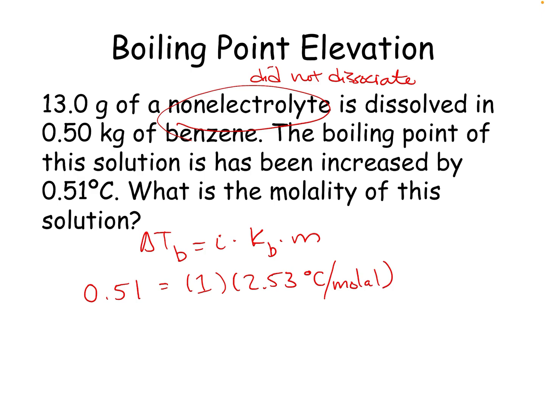And we are looking for molality. So all I have to do is multiply these two things together, which should be pretty straightforward. 1 times that. Divide both sides by 2.53.